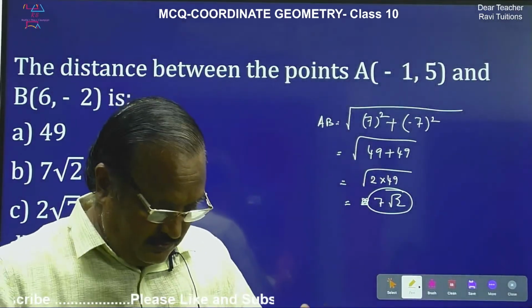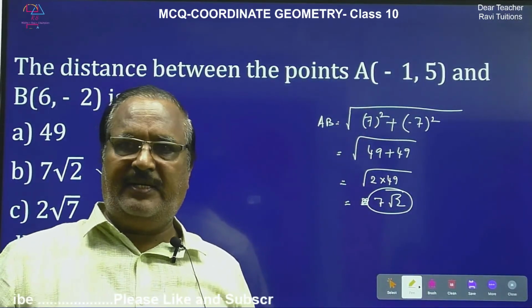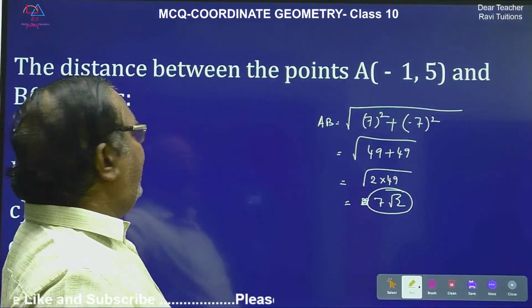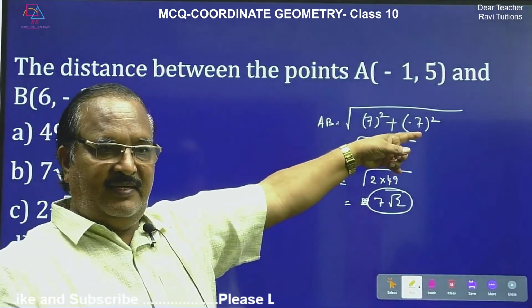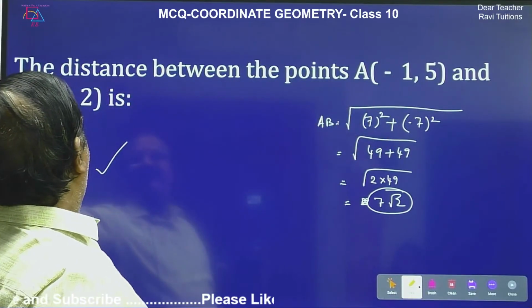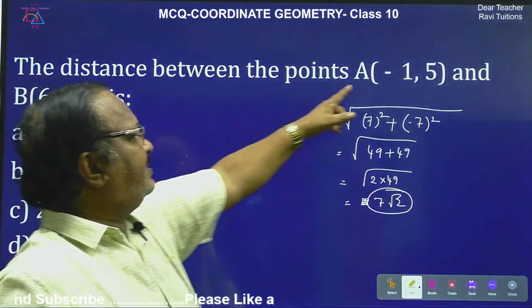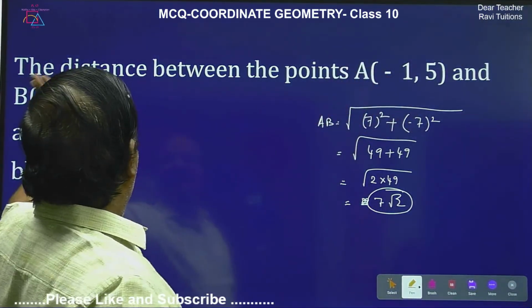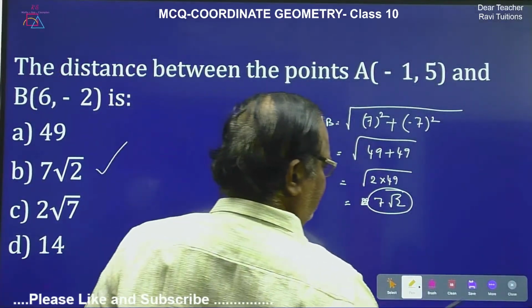Okay, so now if you do this formula thoroughly, at least 10-20 problems, then directly when it comes to the MCQs, you can write like this. When you are writing this, you should not make a mistake. Okay, you take x1, y1 and x2, y2, in this order. Right? Very important concept.